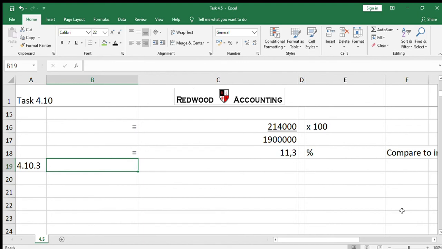For the debt equity ratio, do you remember that it actually decreased from the previous year?